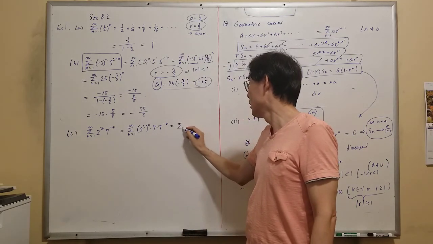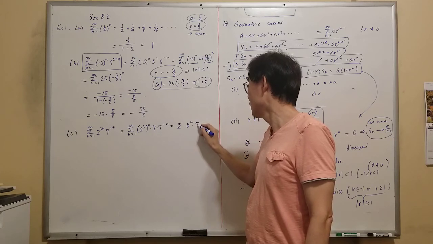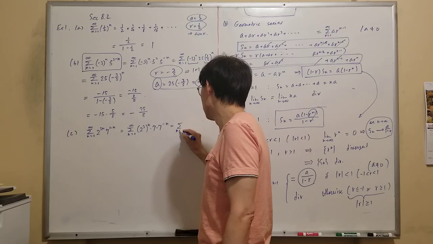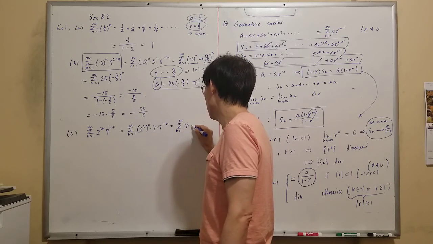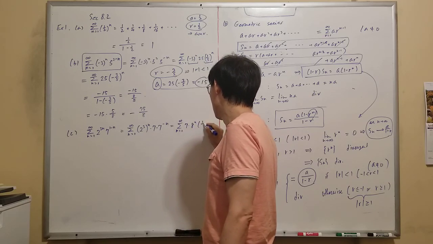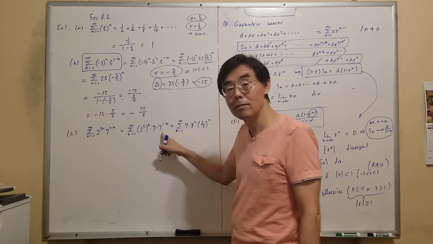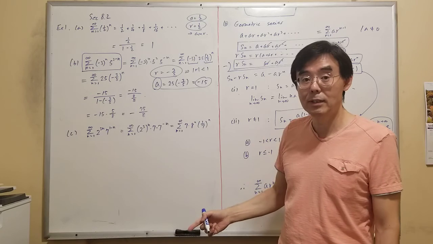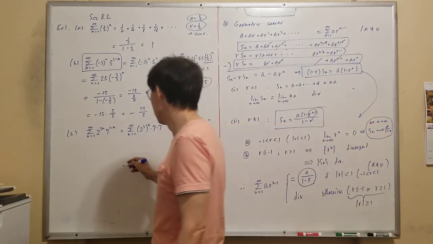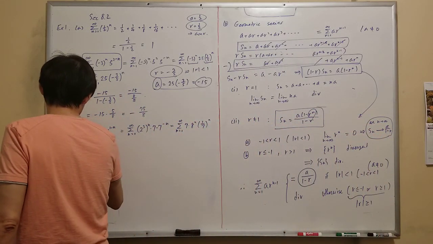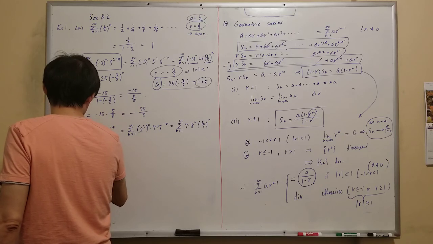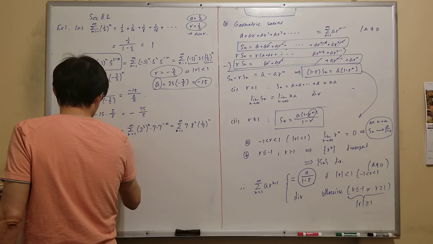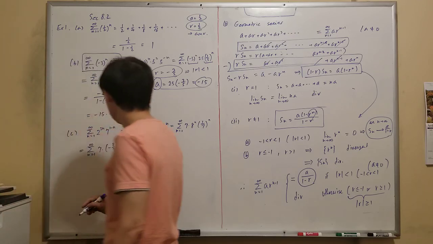So this is 8 to the nth power. Okay, I'm going to write 7 first, and 8 to the nth, 1 over 7 to the nth, right? 7 to the negative 1 power to the nth power, 1/7 to the nth power. So it's going to be 7 times 8 over 7 to the nth power.